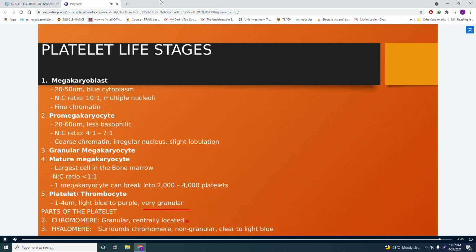Class, I have a question for this. In a normal cell, which part of the cell can you compare the chromomere to? If you're going to compare chromomere to a part of a normal cell, which part is it? Very good, it's your nucleus.